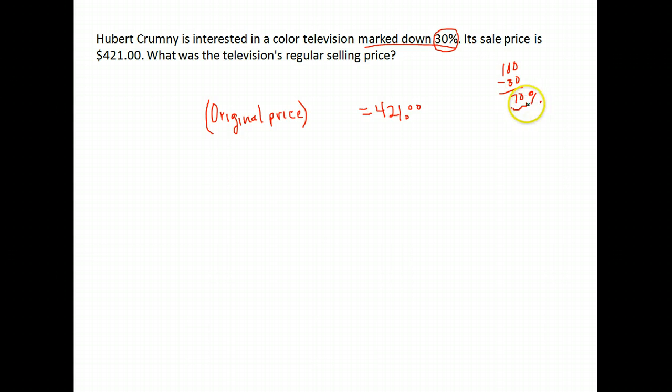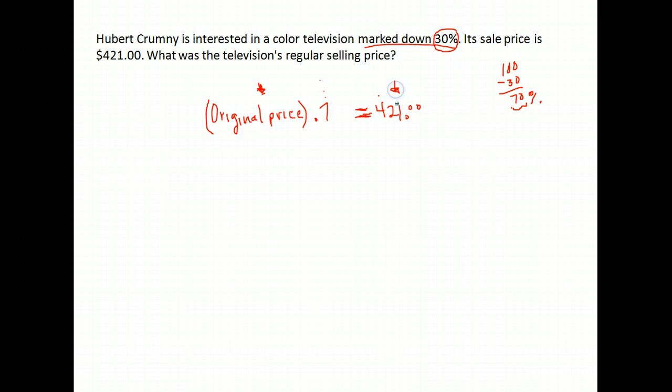Using this in a calculation, I need to move the decimal two places to the left. So if I knew the original price and it were marked down 30%, I could find my new price by saying, well, I'm paying 70% of the original and taking the original price times 0.7, and that would give me the sale price of the item. Here we want to go backwards. We don't know the original price.